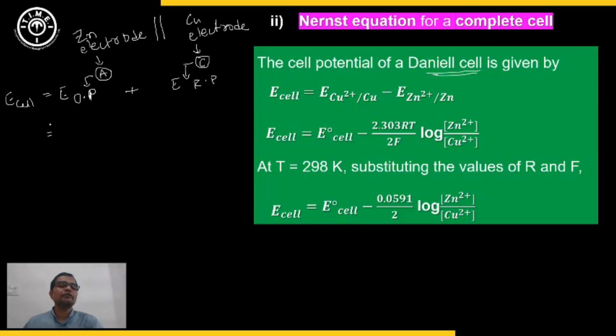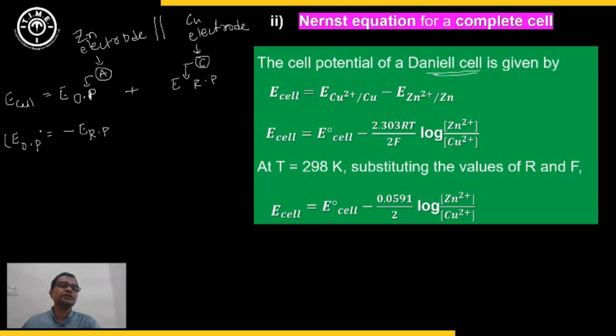But here we may get confused. So the oxidation potential value you have to convert into reduction potential value. Therefore, for the same electrode, the oxidation potential value is always equal to the reduction potential value, but the sign will differ. E oxidation potential is equal to minus of E reduction potential.